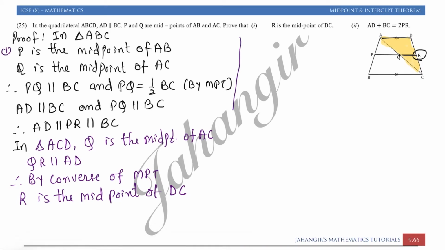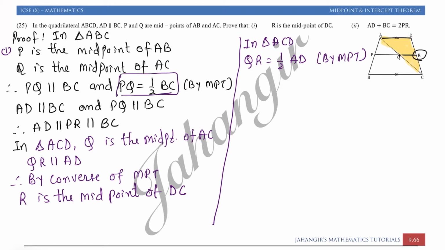Now for the second part, I will take the same triangle. In triangle ACD, now we know Q and R are the midpoints, so I can say QR is equal to half AD by MPT. So now in the first part I got PQ is equal to half BC and in the second part I got QR is equal to half AD. If you want you can keep this as first result, this as second result. Now we will say adding 1 and 2.